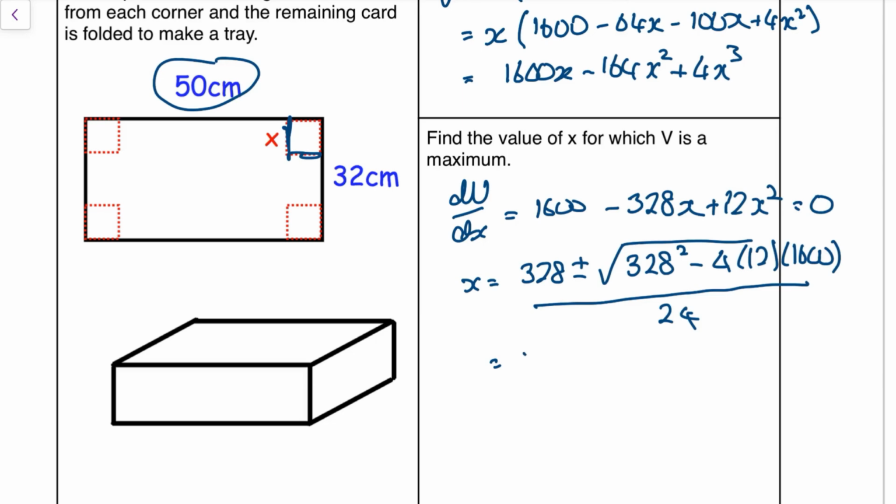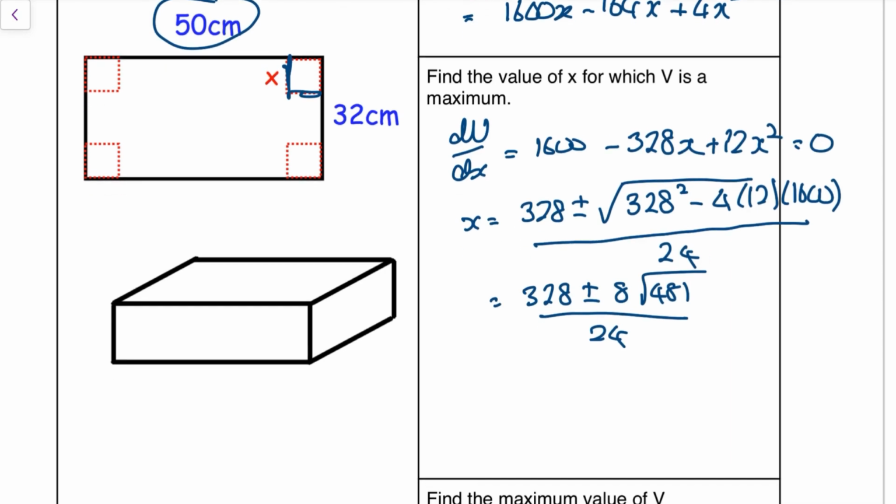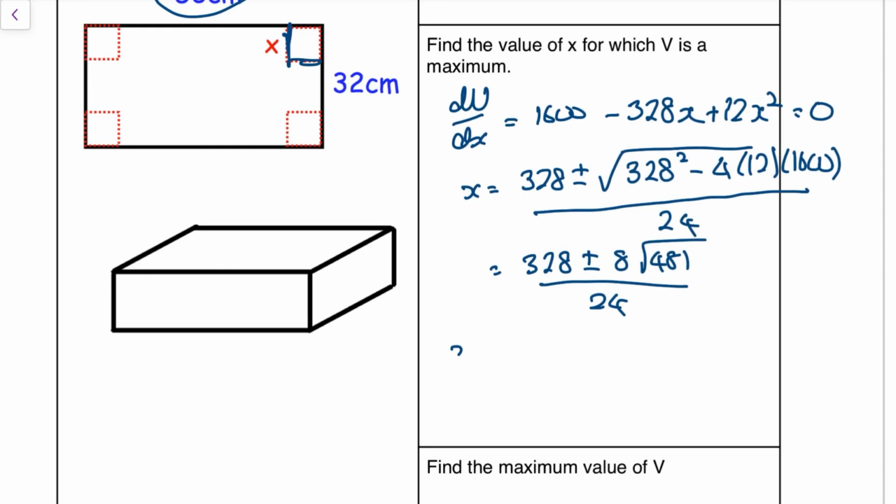The calculator tells me that's 328 plus or minus 8 root 2481, all over 24. Now I'm going to work out both answers. If I use the plus, I get 20.98. And if I use the minus, I get 6.356. Notice I've done them both to 4 significant figures.